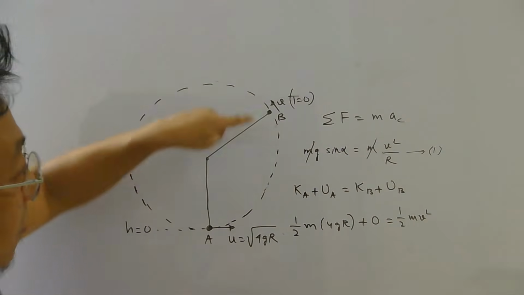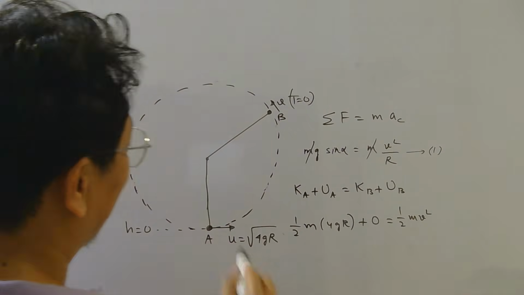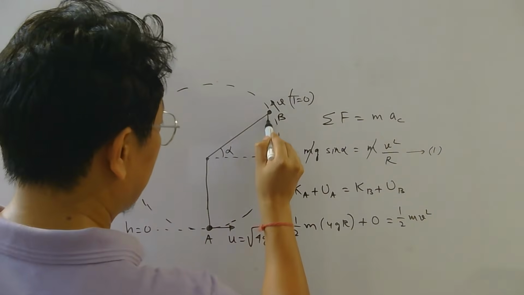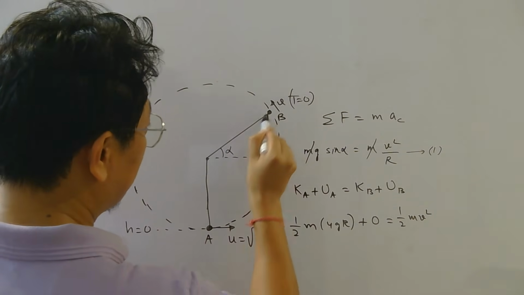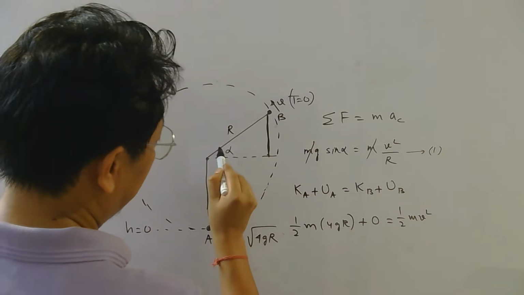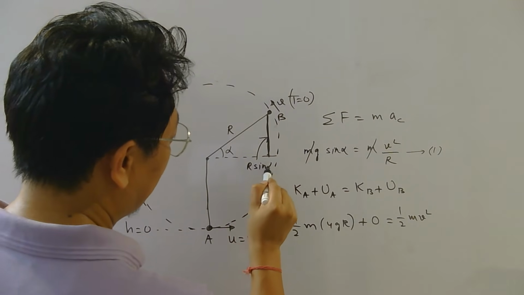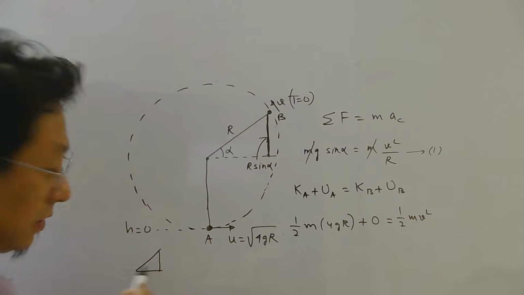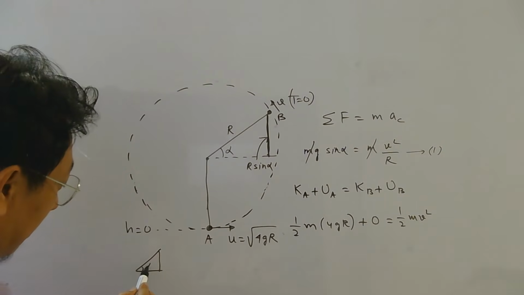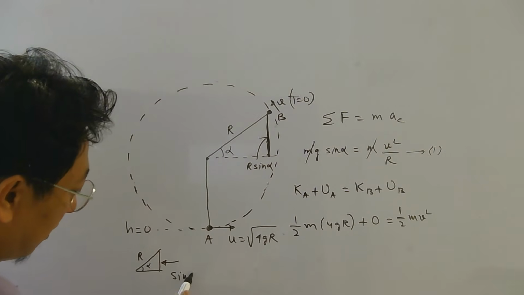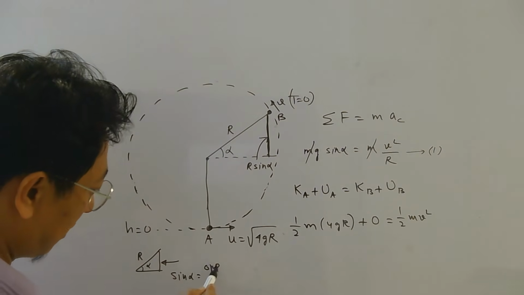So to find the height of this point, I have cleared the previous diagram. So this angle was alpha, right? So this height will be how much? Well, this radius is r, this is alpha, so this opposite side will be r sin alpha, right? So in a right angle triangle, if this angle is alpha, this is r, then sine alpha will be opposite side by hypotenuse.